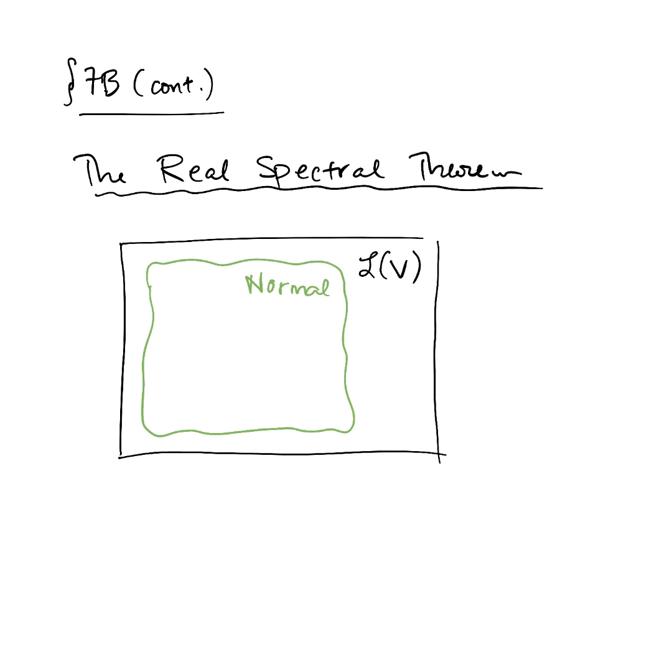It's just easier and cleaner over the complex field. So if you want the same conclusions for an operator, that there's an orthonormal basis of eigenvectors, it's not going to be enough to be merely normal.